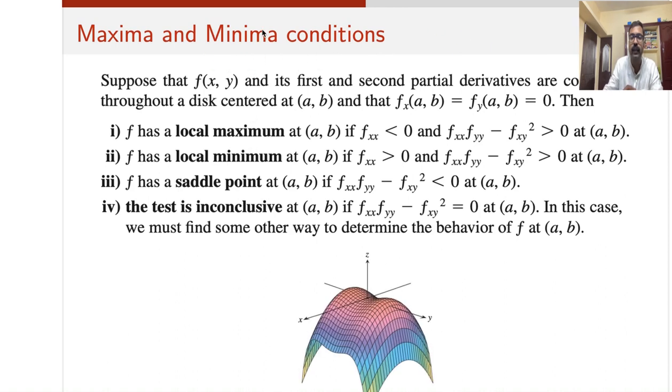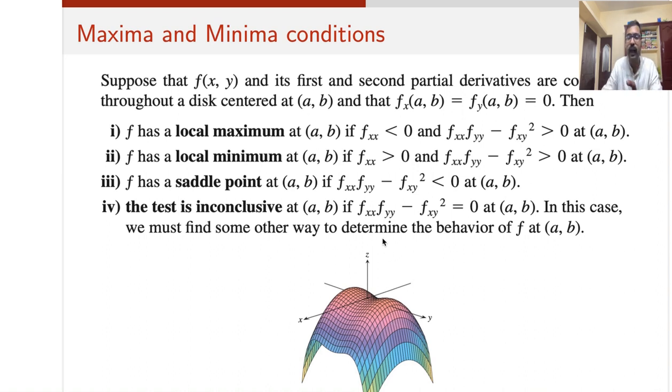Saddle point is like this one here. This is an example of a saddle point. If you look at this graph, you can see that there is a saddle point at this position, because in one plane it is increasing, but in another plane it is decreasing. So it is just like a horse saddle here.